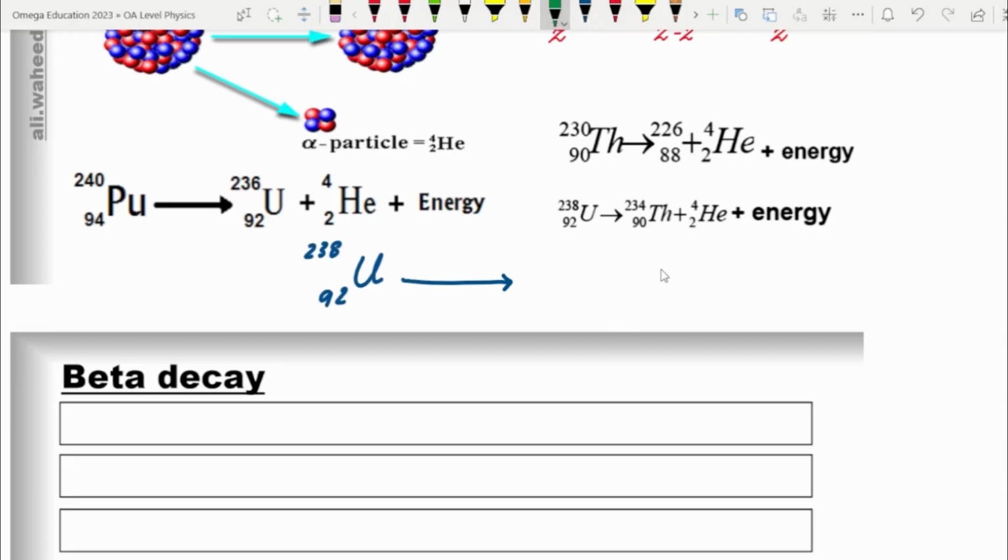Complete the equation. If it undergoes alpha decay, there would be the emission of an alpha particle. What is an alpha particle? A helium nucleus, He 2 4, plus, in all three of them, there is always a release of a vast amount of energy.